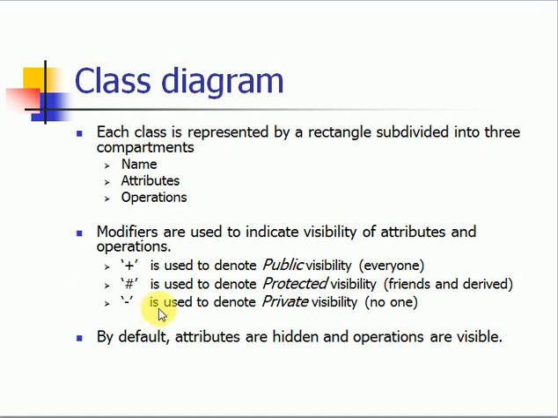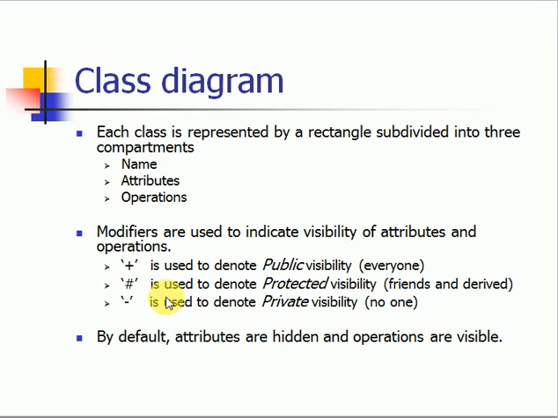Each class is represented by a rectangle subdivided into three compartments: one for the name, another for attributes and another for operations. Generally, modifiers are used to indicate the visibility of attributes and operations. The plus symbol denotes public visibility, which everyone can see.